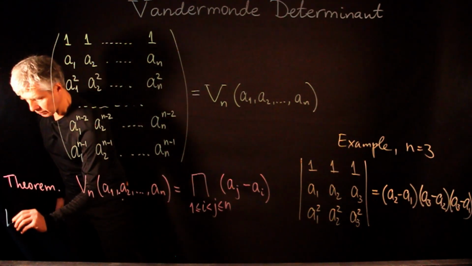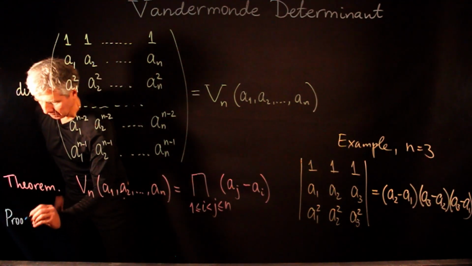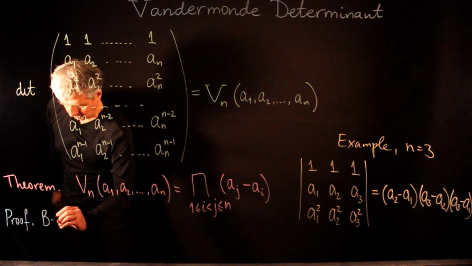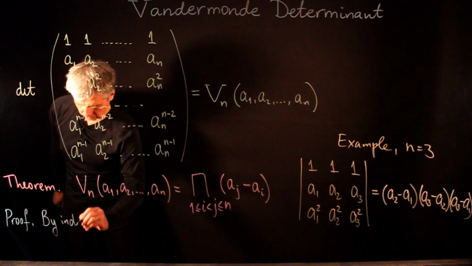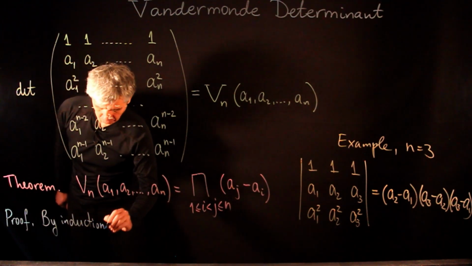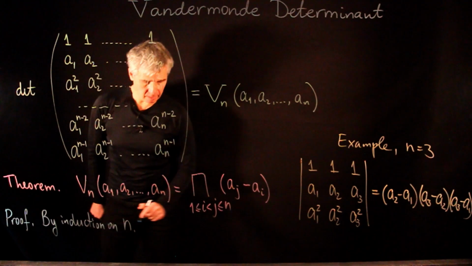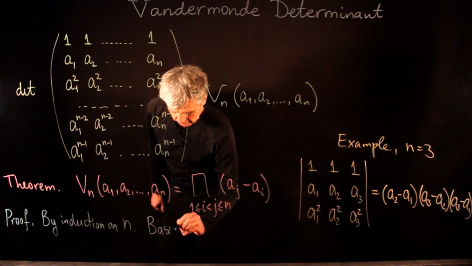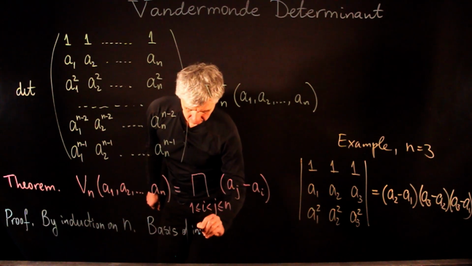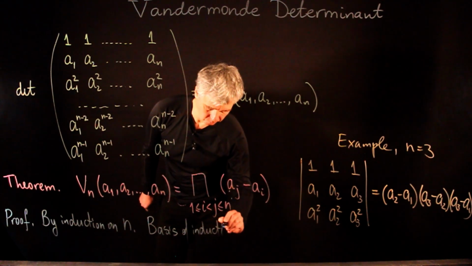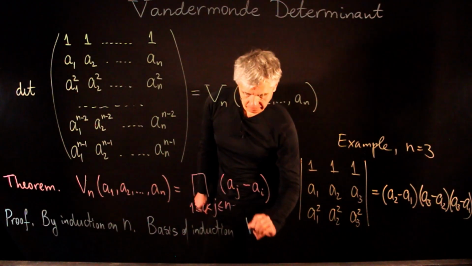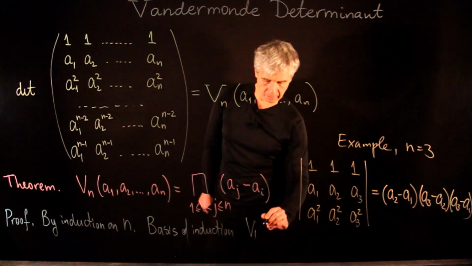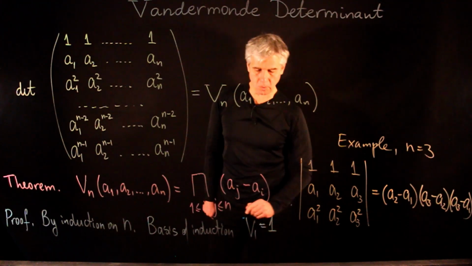So let us give the proof of this theorem. We are going to prove this theorem by induction on n. The basis of induction is trivial, because if we take V1, this is a 1 by 1 matrix with entry 1, so V1 is equal to 1.